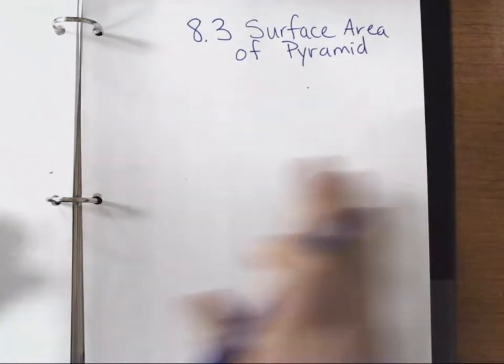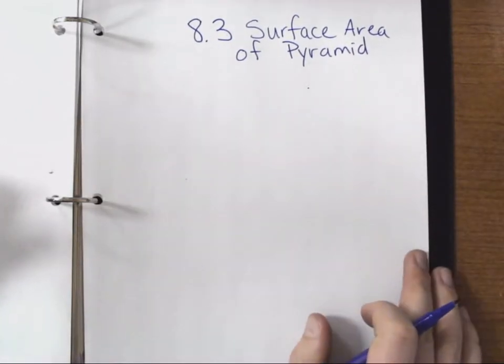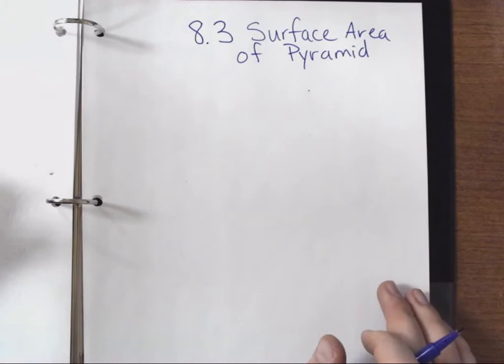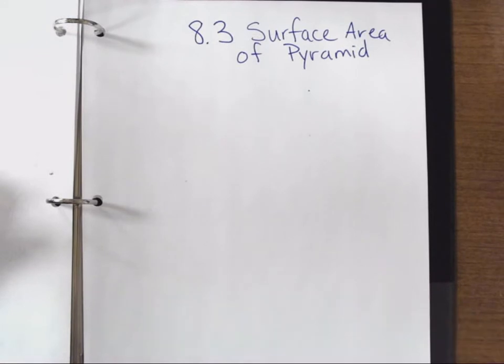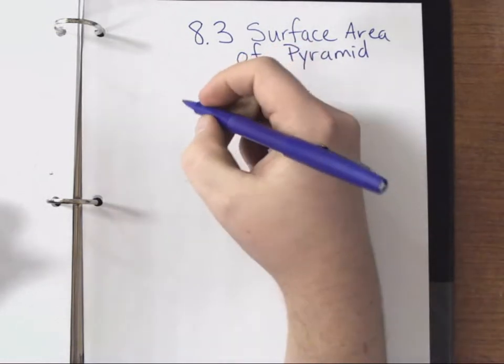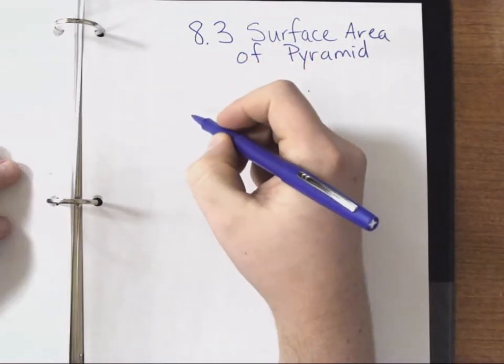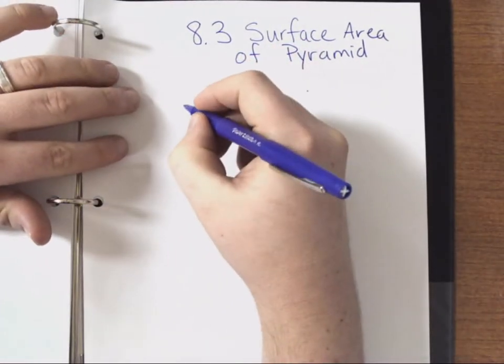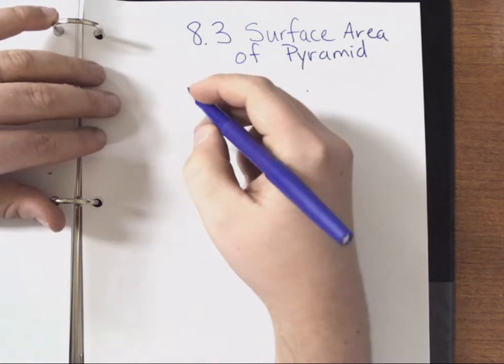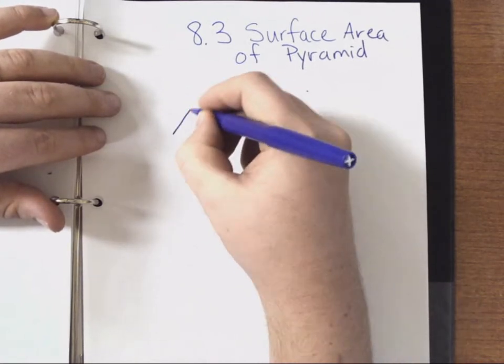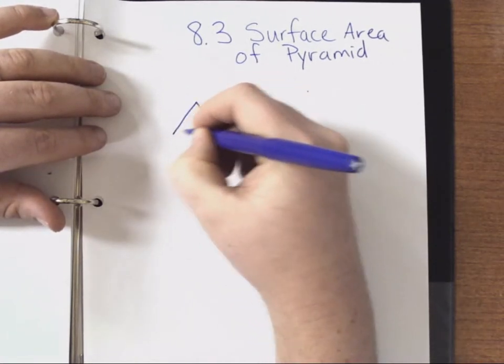Okay, first, today we have reviewed already some important characteristics about the different kinds of pyramids that we will be working with. We have two different kinds of pyramids. One is going to be a rectangular pyramid.